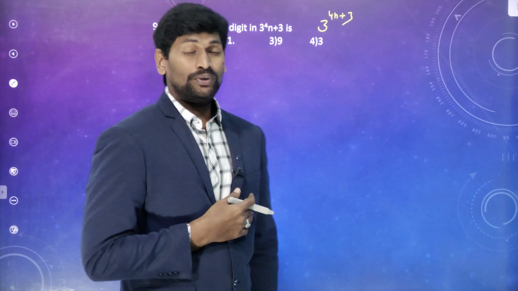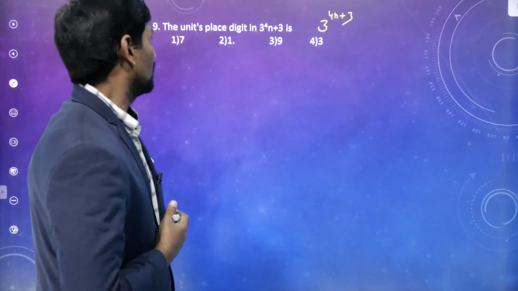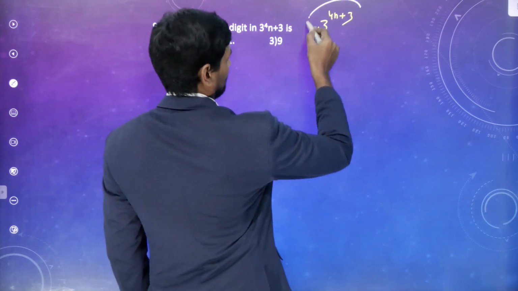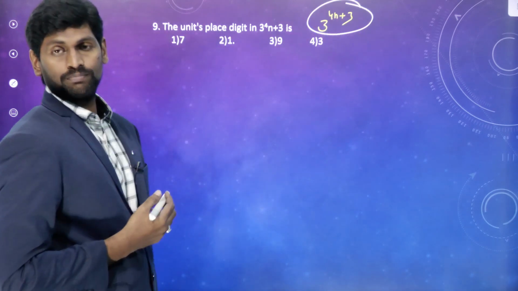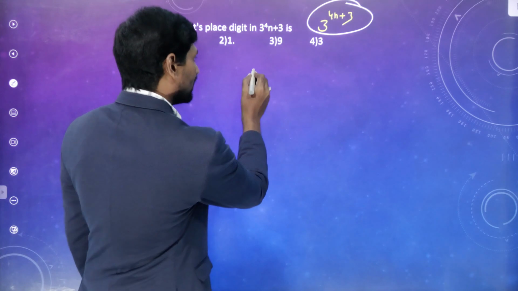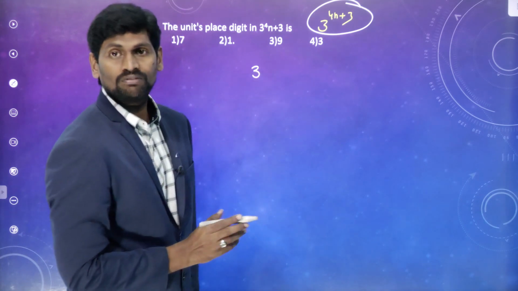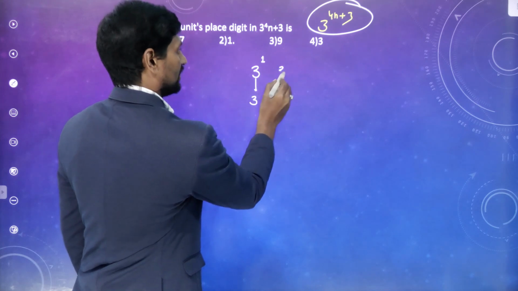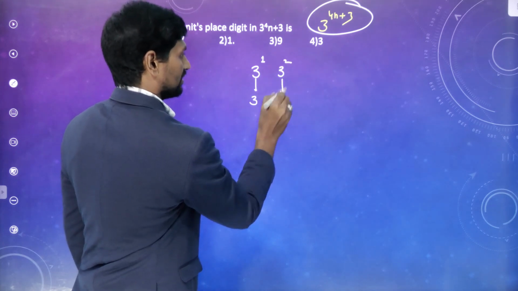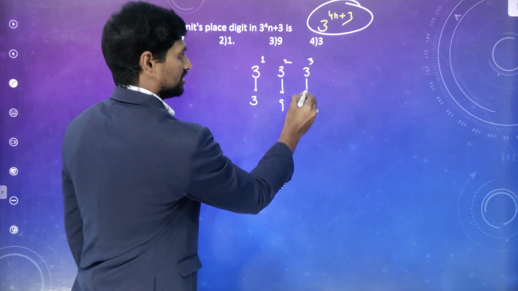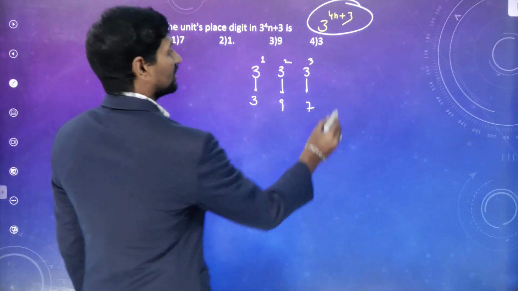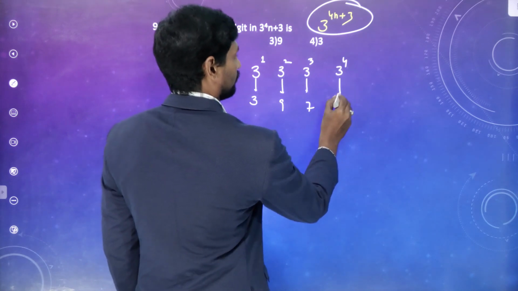The units digit in 3 power 4n plus 3. We know already 3 power 1 ends with 3, 3 square ends with 9, 3 cube is 27, nothing but ends with 7, 3 power 4 ends with 1.